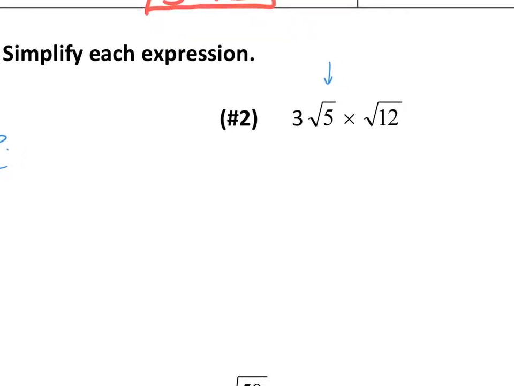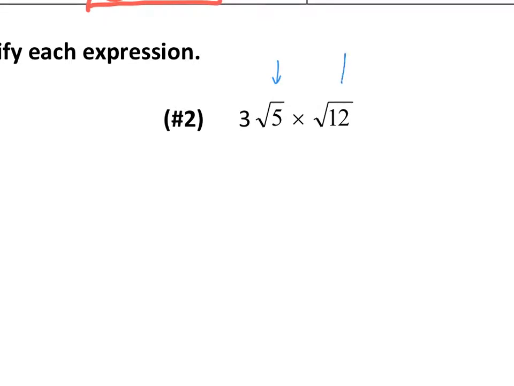Okay, and the answer is no, you can't. Can you divide 12 by any perfect squares? 12 we can. 12 can be divided by 4. So it becomes 4 times 3. 12 is 4 times 3, so we break it apart into square root of 4 times square root of 3. The rest stays the same.